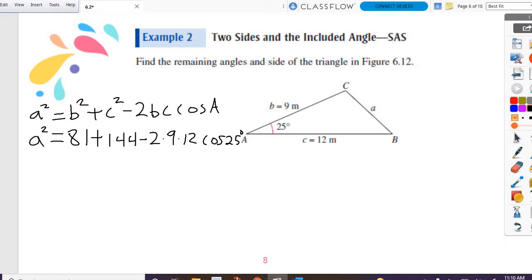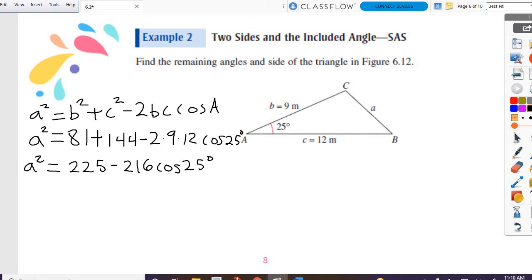Okay, so I have A squared. What is 81 plus 144? 225. Agreed? And then what is 2 times 9 times 12? 216 cosine of 25. Again, can I subtract my 225 and my 216? That's illegal. The math cops are going to come and hunt you down.